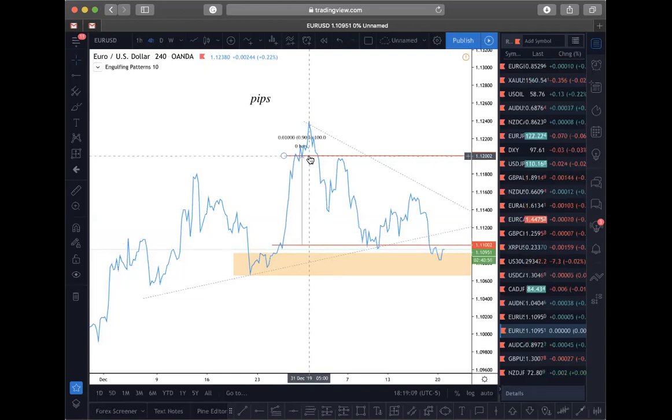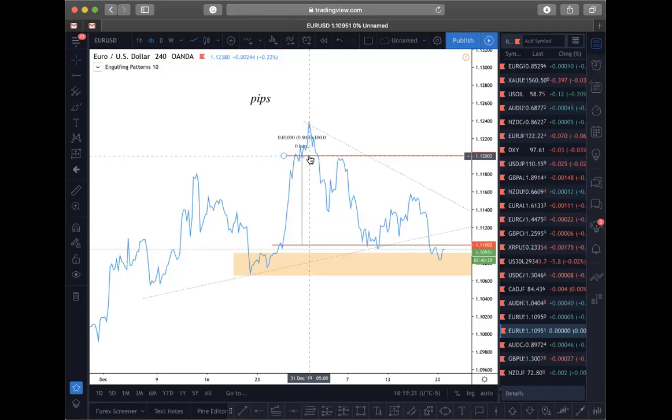So that is what the word pips means in a nutshell. And we'll go deeper into it later on, as in how to calculate your pips, right? So you just need to know the distance, the difference in the price, how much is equivalent in pips.